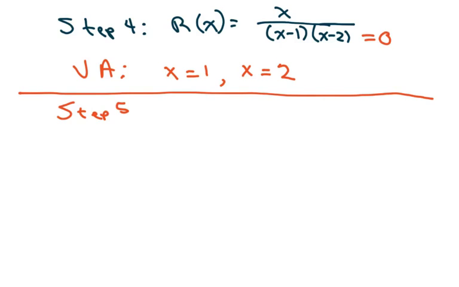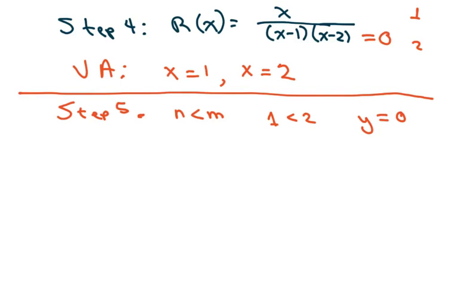That is, find the horizontal asymptotes. Since the degree in my numerator is 1 and the degree in the denominator is 2, that means n is less than m, or I can say 1 is less than 2. Therefore, my horizontal asymptote is y equals 0.